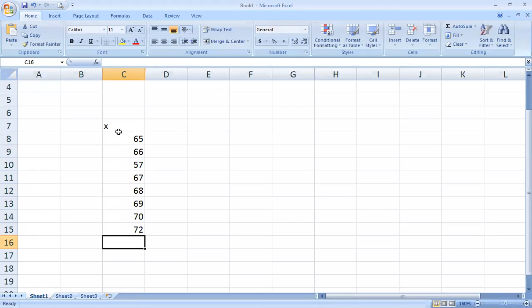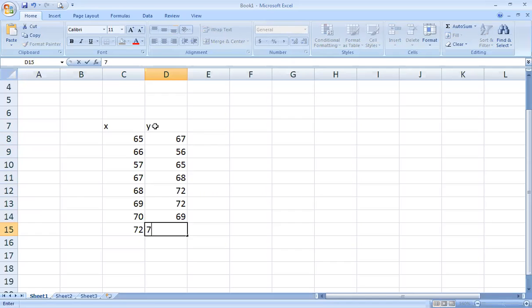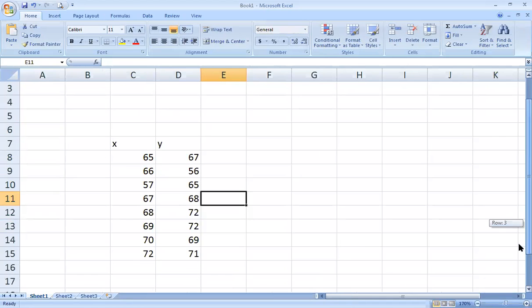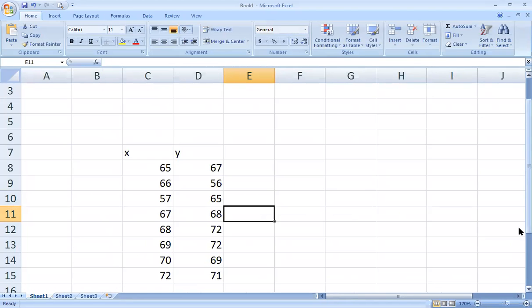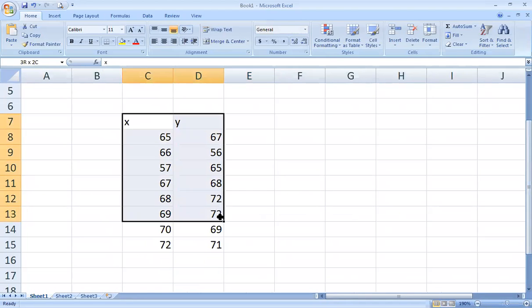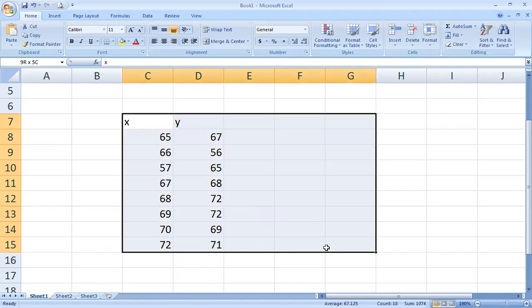So this is our x, that is father. And this is our y, that we will call son: 67, then 56, 65, 68, 72, 72, 69, 71. Okay, so this is our x and this is our y. So we are going to find the Karl Pearson coefficient of correlation for these two values.